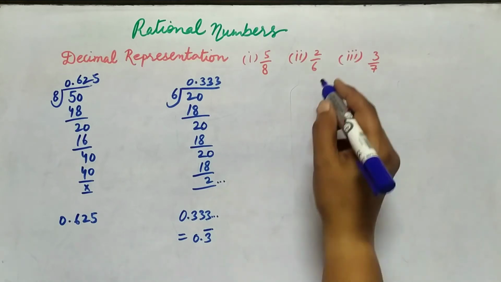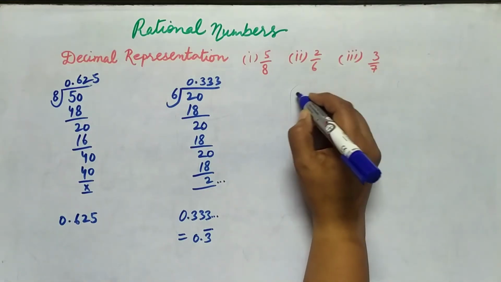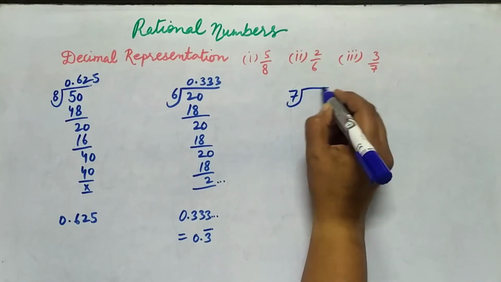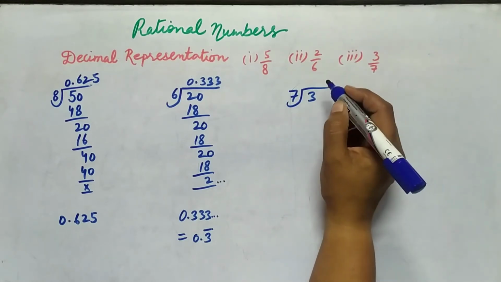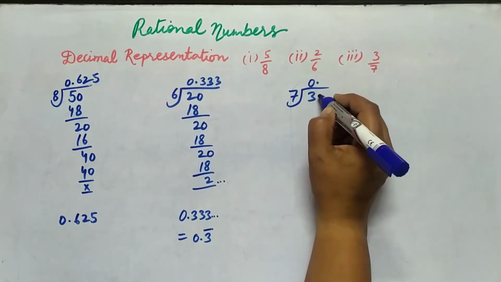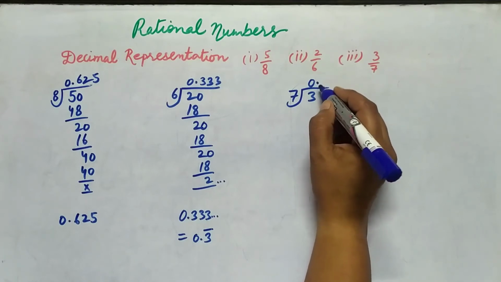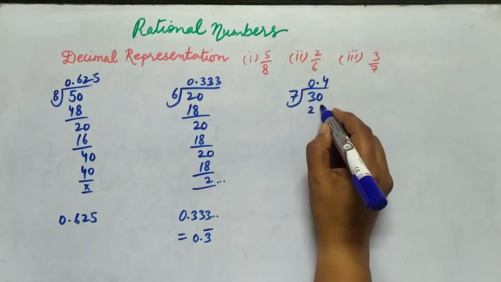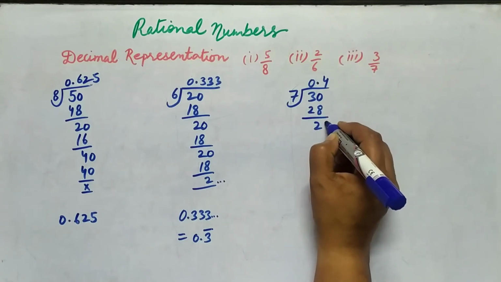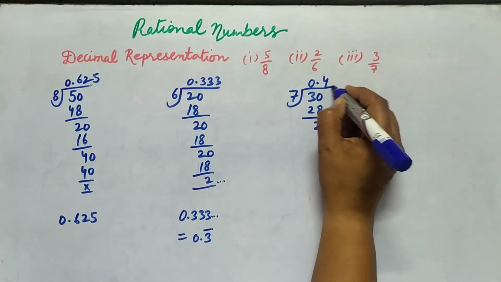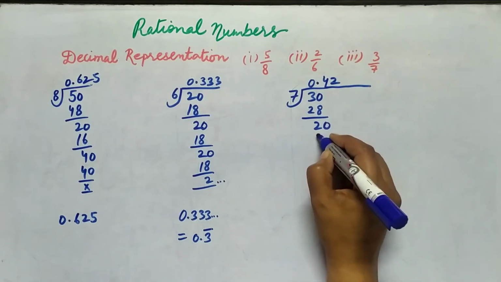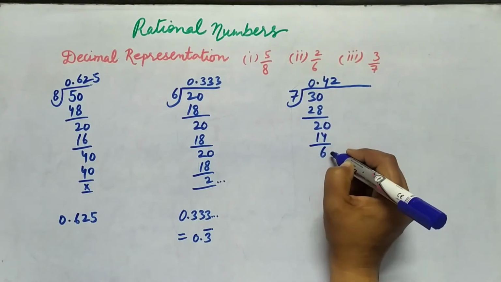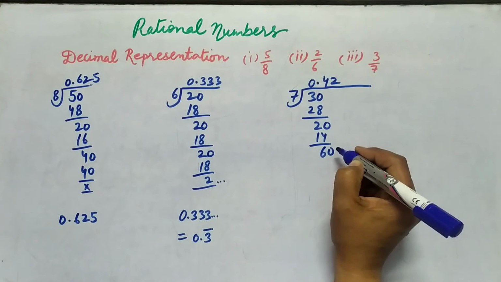And in the third case, it is 7 here and 3 inside. 0. We put a decimal. 0. 7 4s are 28. 2 is left. 0. 7 2s are 14. 6 is left. 0.